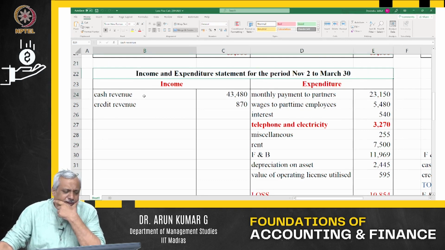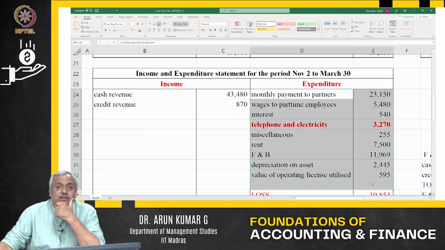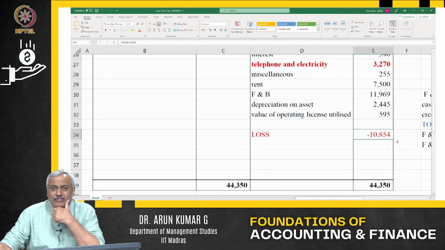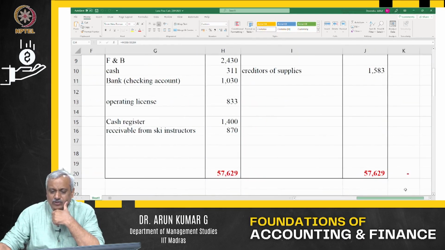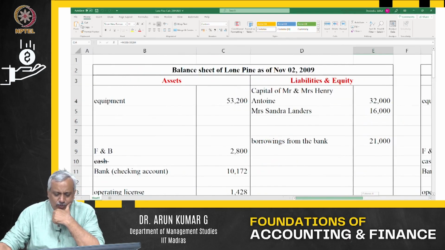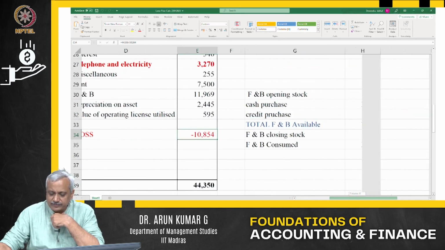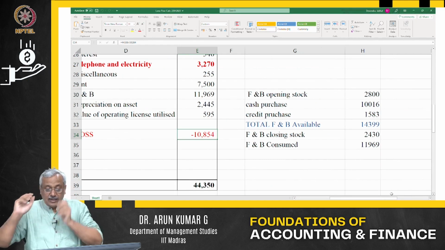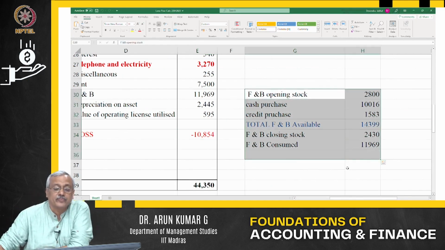We took all the revenues and all the expenditures that had accrued, and we found that the cafe had incurred a loss, which matched what we had calculated in the closing balance sheet. I have also given all the workings when I was doing the income statement or profit and loss statement.